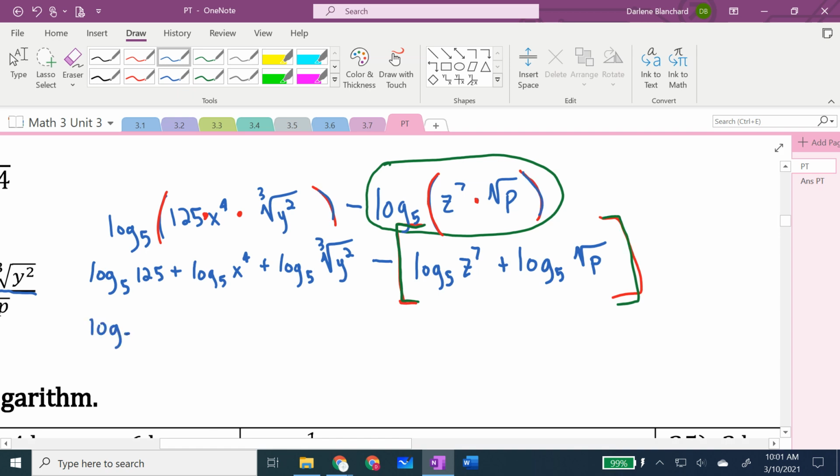So every factor of the numerator turns into a logarithm that is adding. Every factor of the denominator turns into a logarithm that is subtracting.